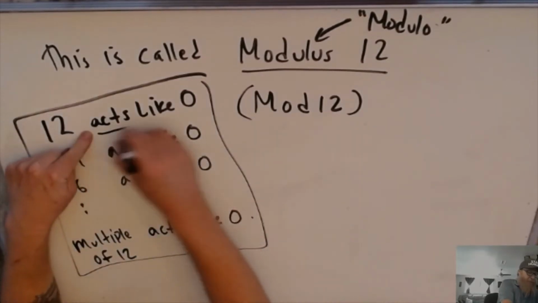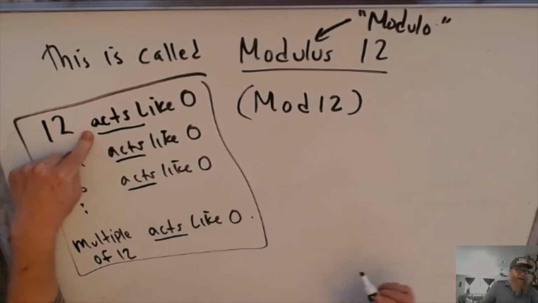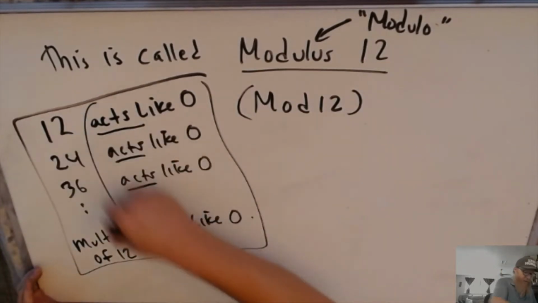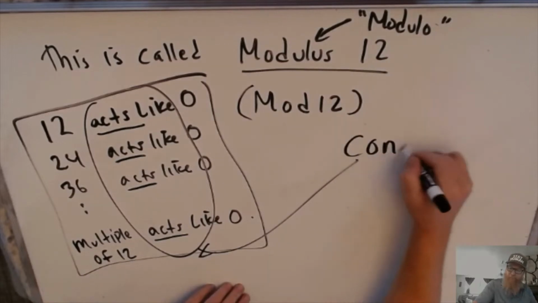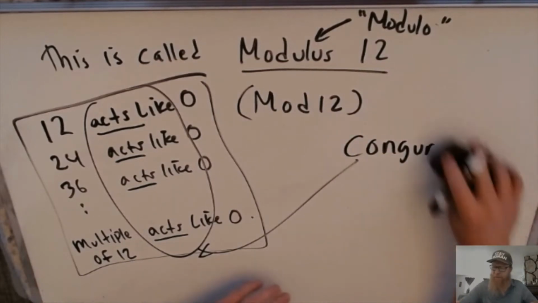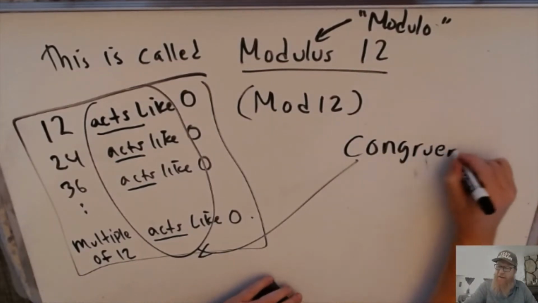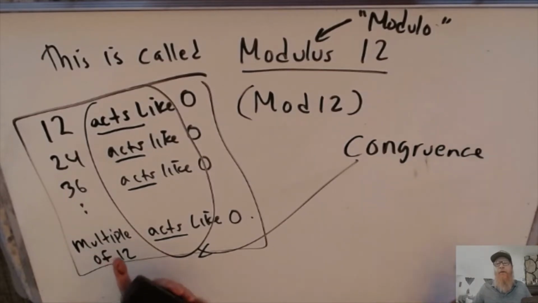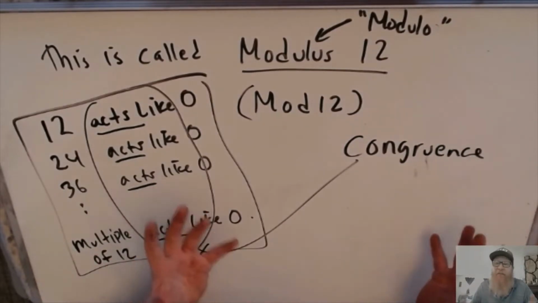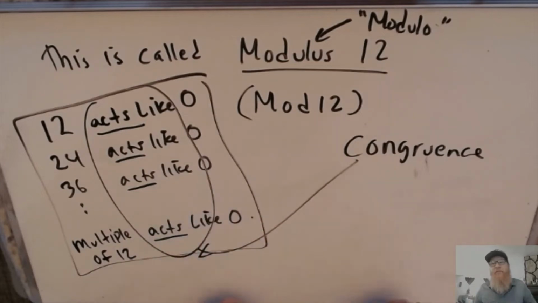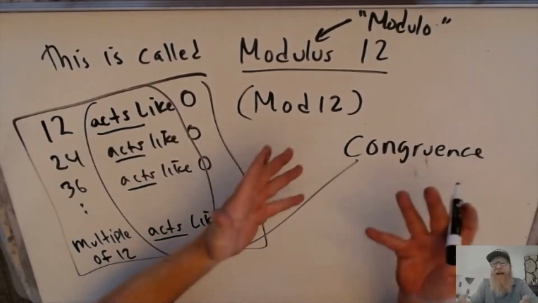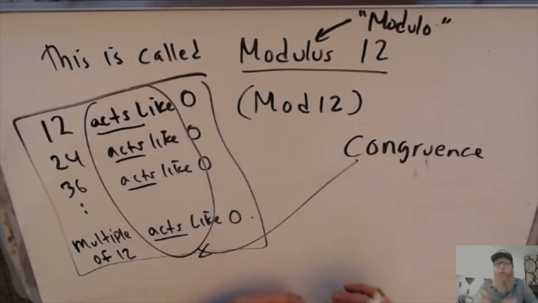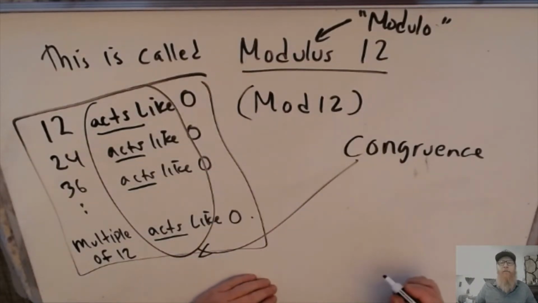Now, let me explain what I mean when I say acts like. This is called a congruence. When something is behaving like a particular number, if it behaves like 5, we say it's congruent to 5. If it behaves like 0, if it has the same effect as 0, we say it's congruent modulo 12.